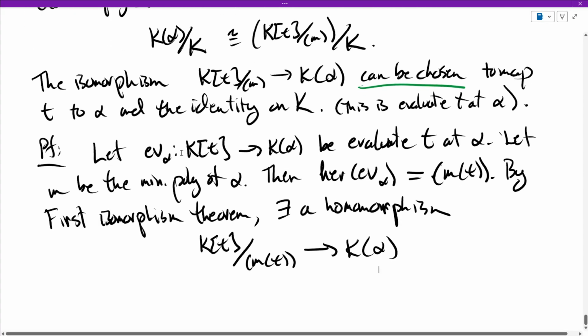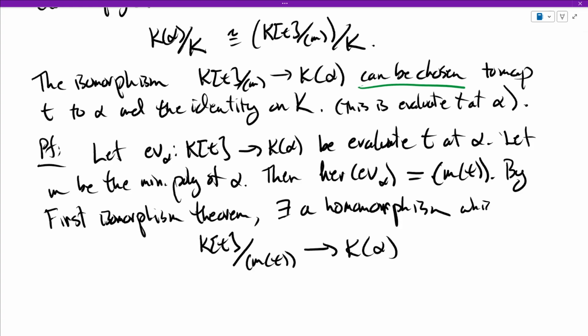In fact, there exists a homomorphism which is onto. And the reason why it's onto is because t gets sent to alpha. So all the powers of alpha are going to get hit by all the powers of t. So we're not only going to get alpha, but alpha squared, alpha cubed, and if they're all different, we're going to get all of them. It's onto.